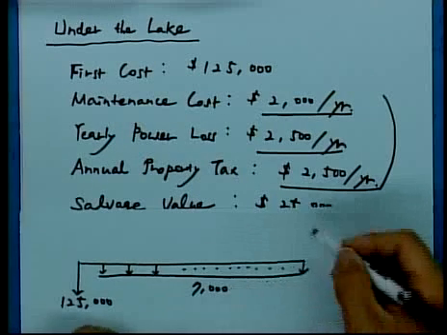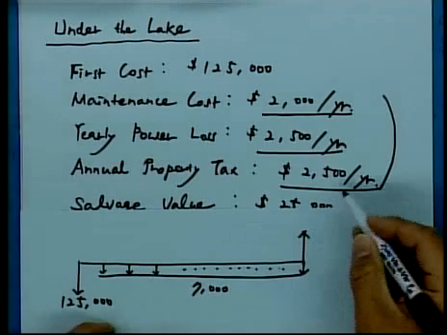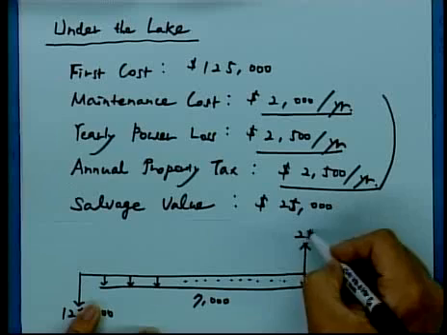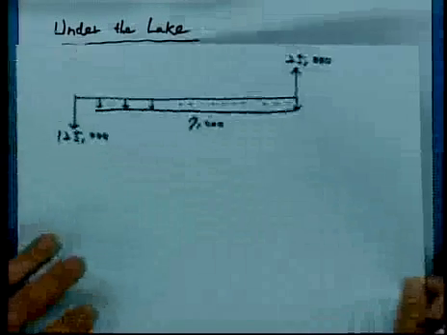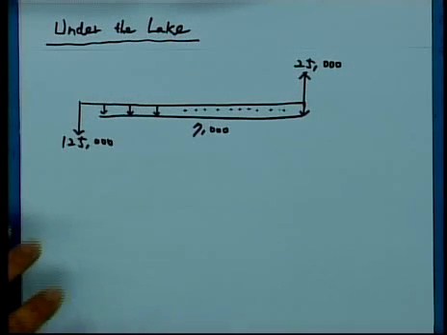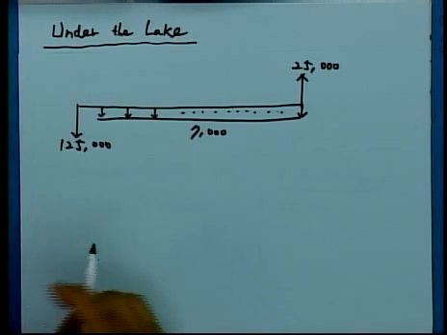Okay? And at the end of 15 years, there is a salvage value of $25,000. So this is the cash flow diagram if the power line is routed under the lake.